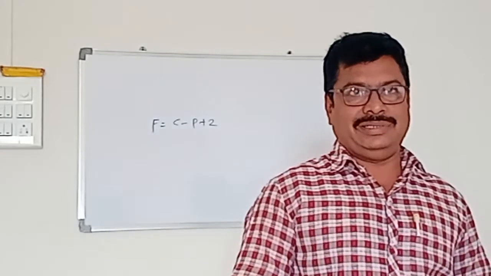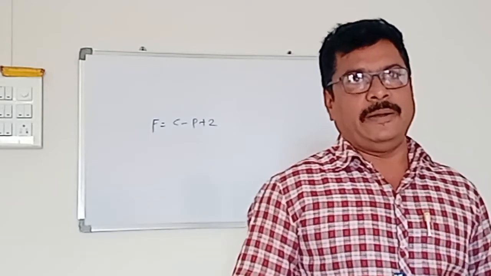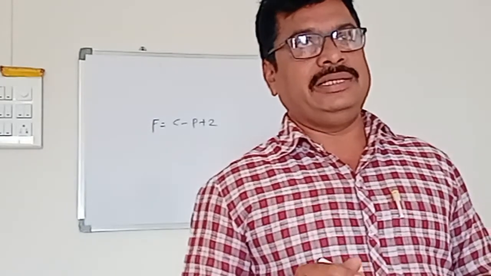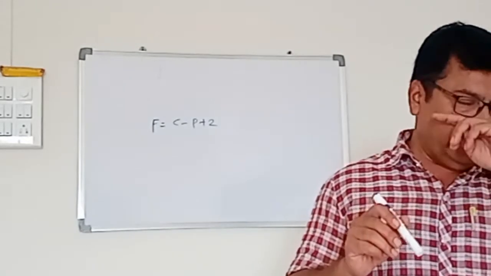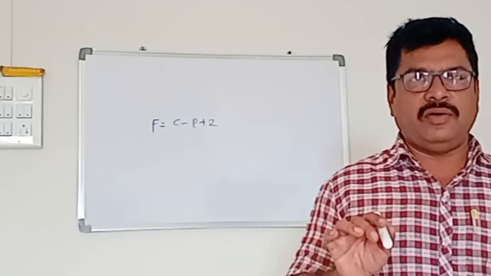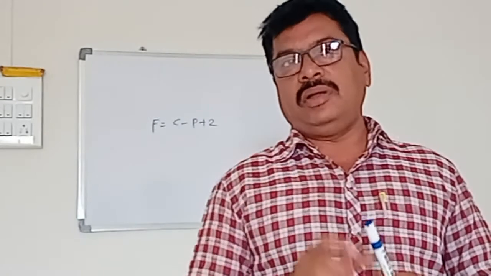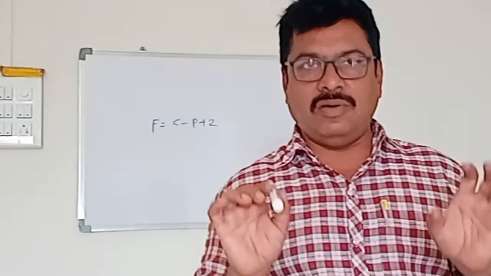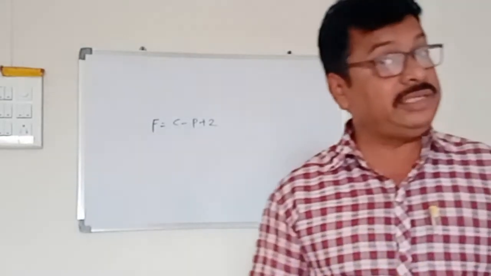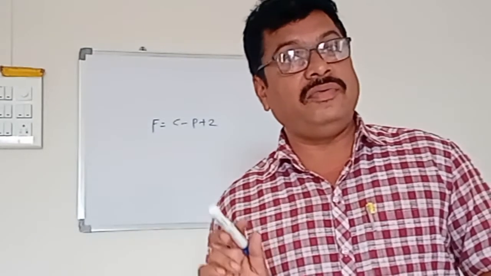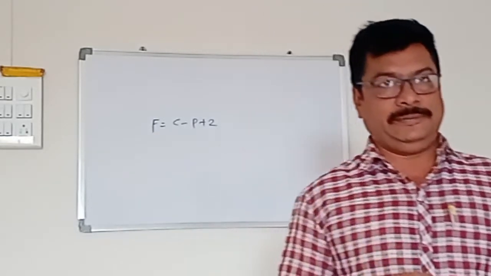The actual definition of component is that components of a system are the minimum number of independent chemical constituents in terms of which the composition of every phase in the system can be expressed.